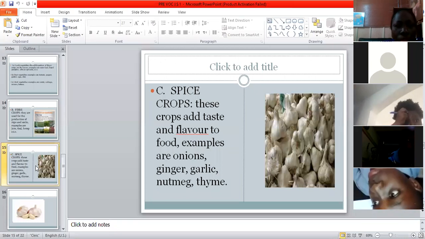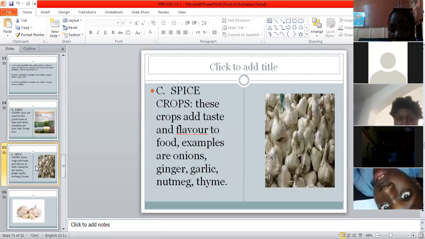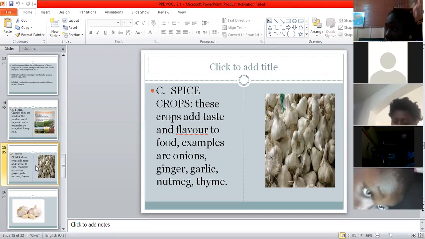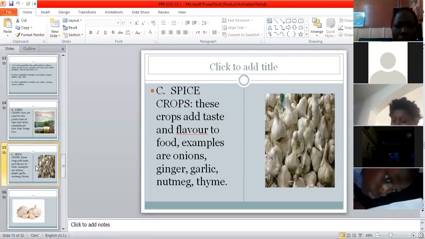The third group is spice crops or condiments. They add flavor, they add taste to our food. Examples are onions, ginger, garlic, nutmeg, and thyme. At times when people cook, from afar off you perceive the aroma of their food.